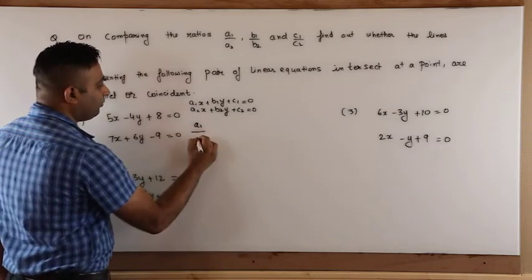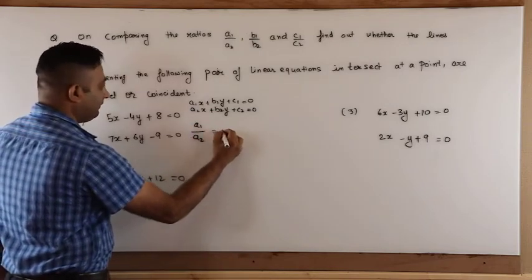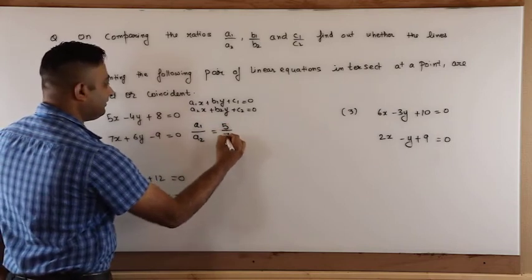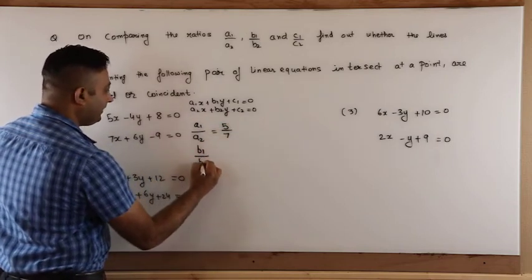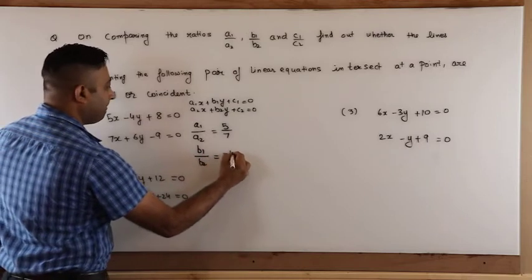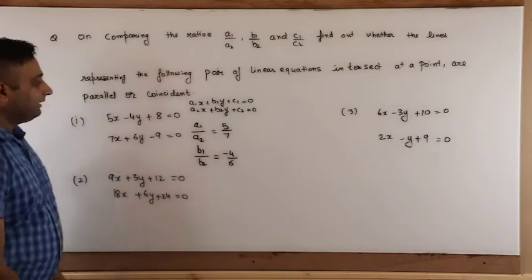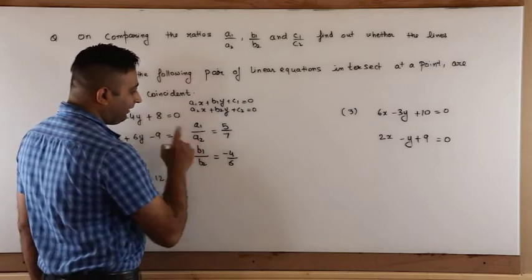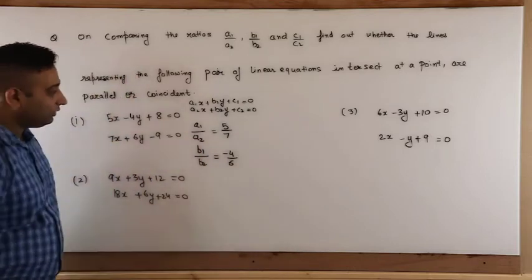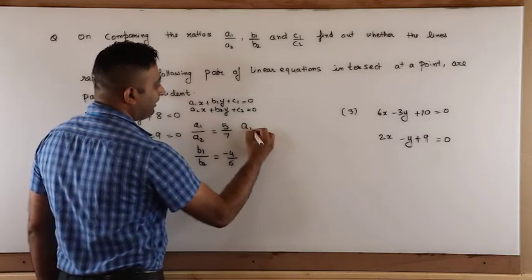On comparing the ratios, a1 by a2 is equal to 5 by 7 and b1 by b2 is equal to -4 by 6. We can easily see that a1 by a2 is not equal to b1 by b2.